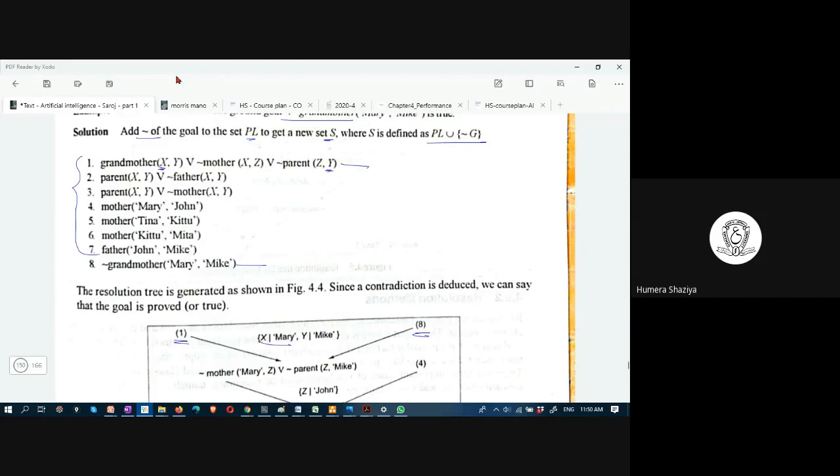This is Y. When you substitute that, what do you get? This grandmother and this grandmother are eliminated because this is positive and this is negative. What is left is not mother XZ or not parent ZY. But we know that in place of Z we are placing Mary, and in place of Y we are putting Mike.